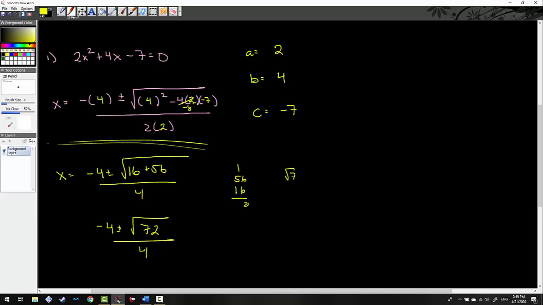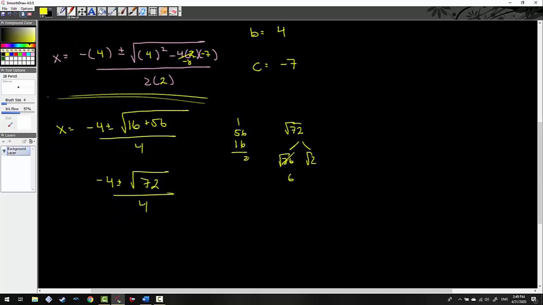And now from here, root 72 we can actually simplify. Root 72 can be simplified into root 36 and root 2. Root 36 will become a 6, so what I've got is negative 4 plus or minus 6 root 2 over 4. Now one thing to note, once you get to the end, you want to see, is my fraction reducible? How will you be able to tell? Even, even, even.